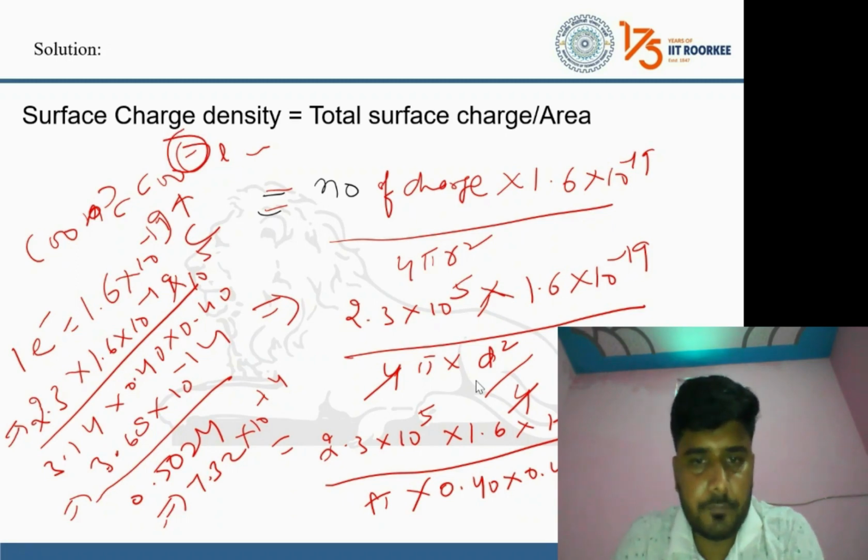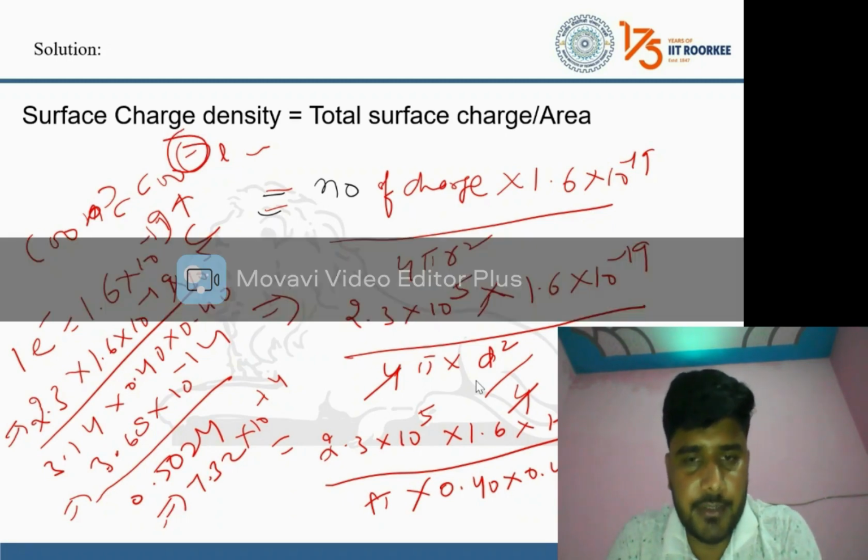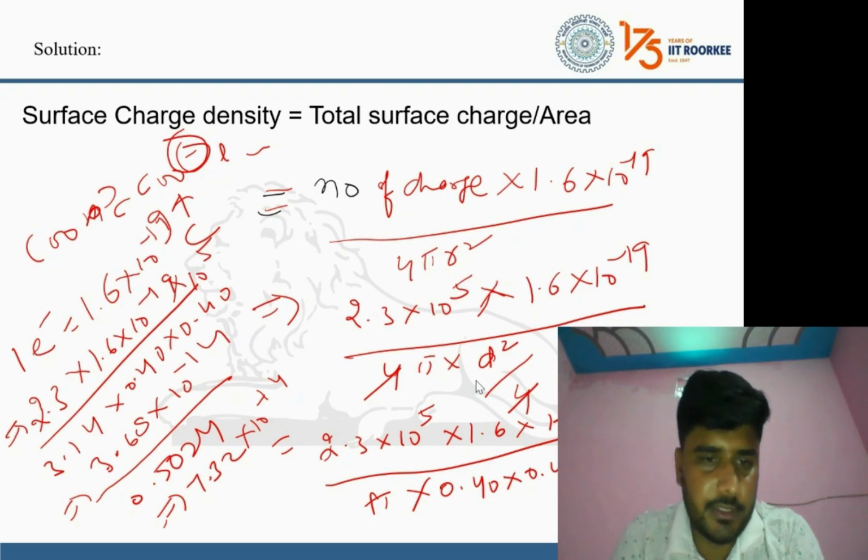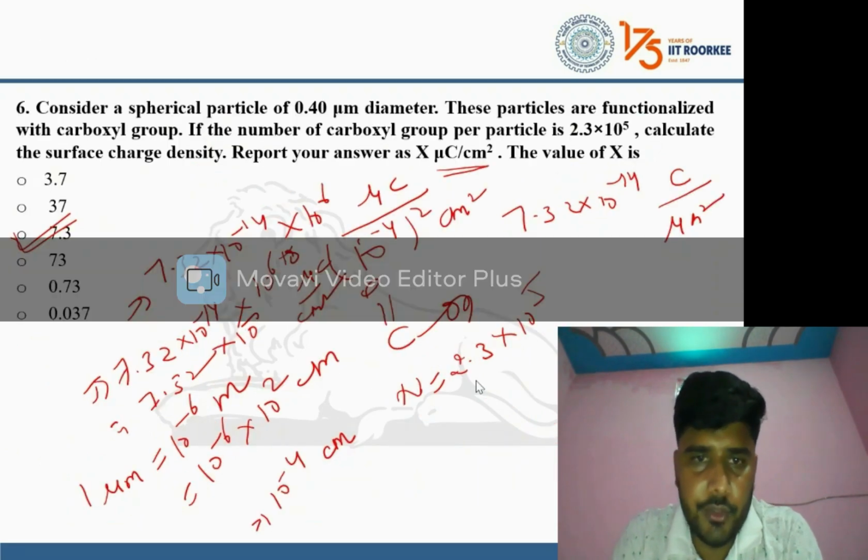The number of charges given in your question is 2.3 times 10 to the 5. You have to calculate the total surface charge and divide it by the area of the colloidal particles. These are some simple mathematical calculations, and after that you have to just convert the units.